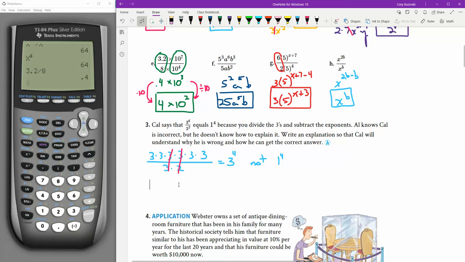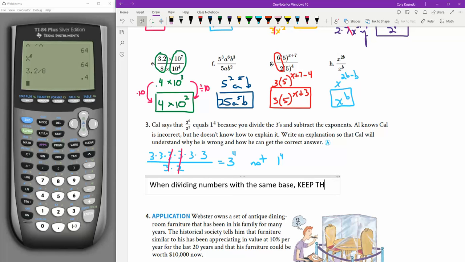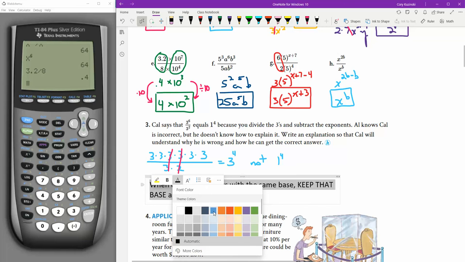We'll say when dividing numbers with the same base, keep that base and subtract the exponents. That's the proper way to think about it.